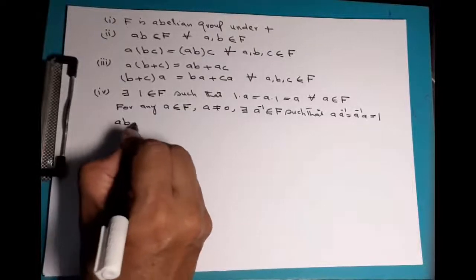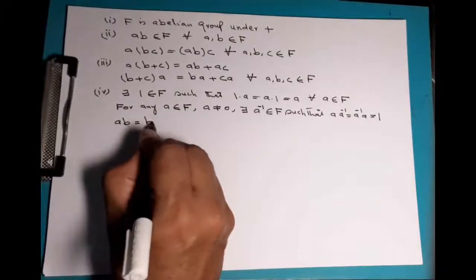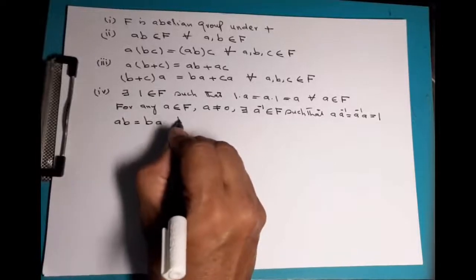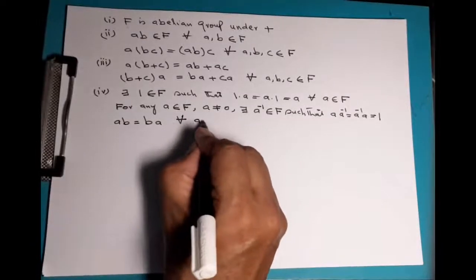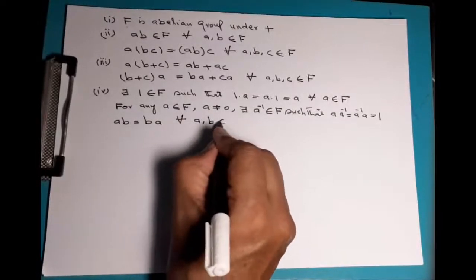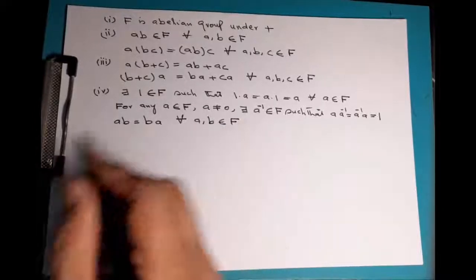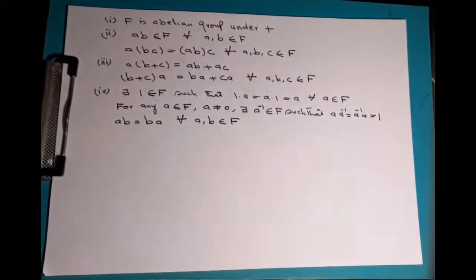AB is equal to BA for all A, B belonging to F. This is commutative law for multiplication. So all these conditions make F into a field.